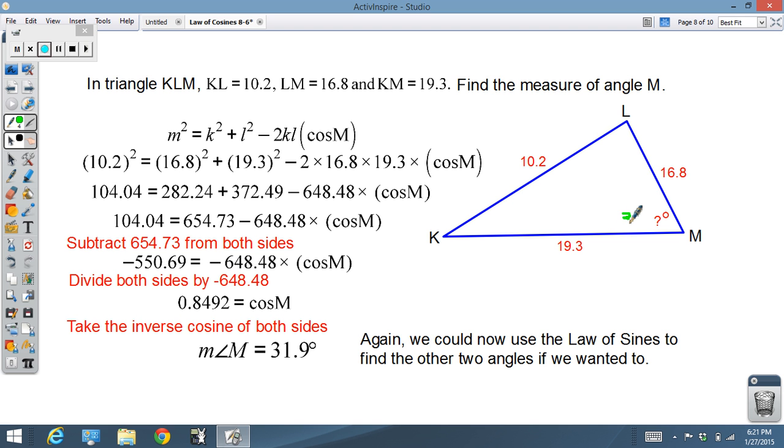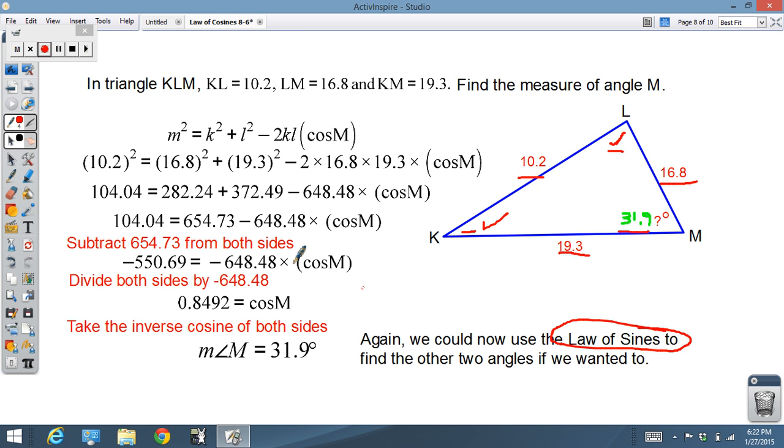So now that we know 31.9 is the measure of m, once again we can go and get the other angles, that one and that one, using the law of sines. All right, the sine of this 31.9 over 10.2 is equal to the sine of k over 16.8 is equal to the sine of L over 19.3.